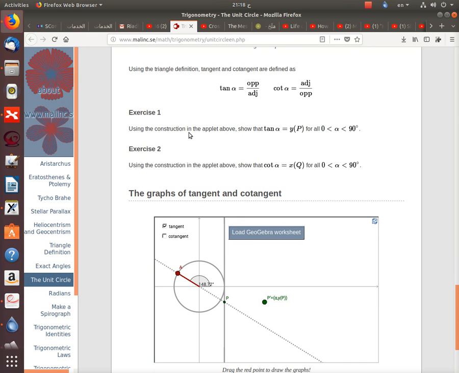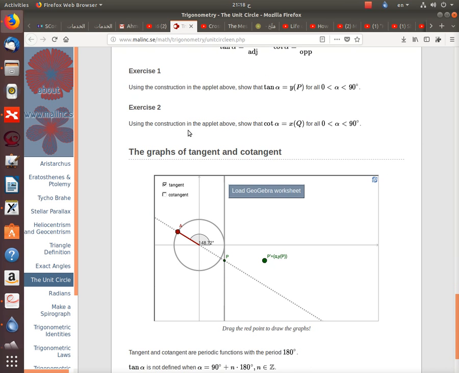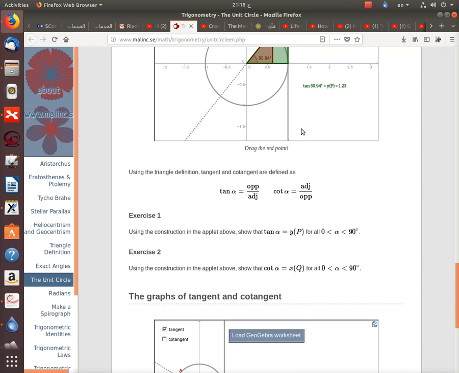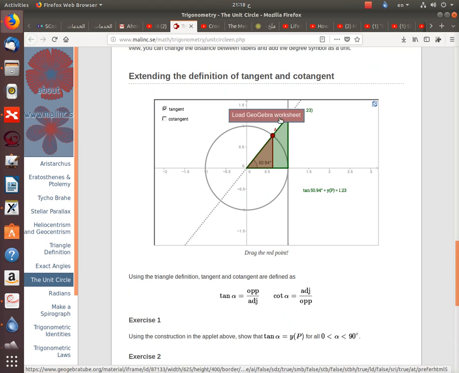Using the construction of the applet above, show that tan of this angle is y of p for all angles from 0 to 90. And using the construction of the applet above, show the cotan. Actually, you can go here and you can find the q and the tan and all of that.